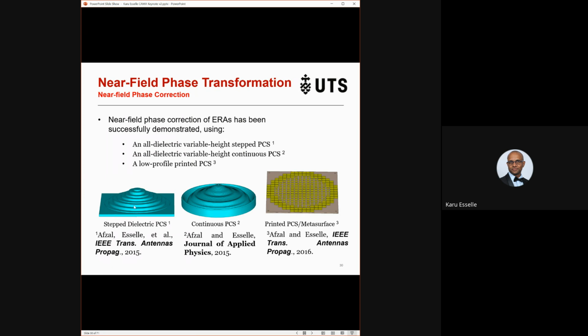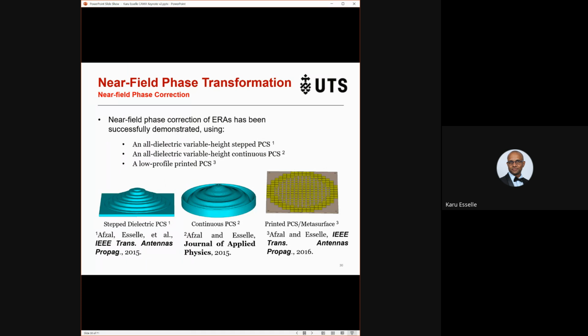In the middle, the structure has a longer effective electrical length, so it creates larger phase delay, and here less phase delay. More phase delay here, less phase delay here. This phase delay compensates the phase error of the antenna and produces a uniform phase distribution at the output.